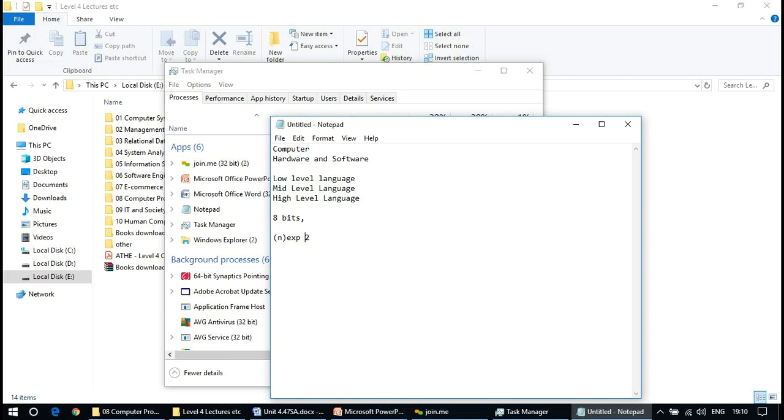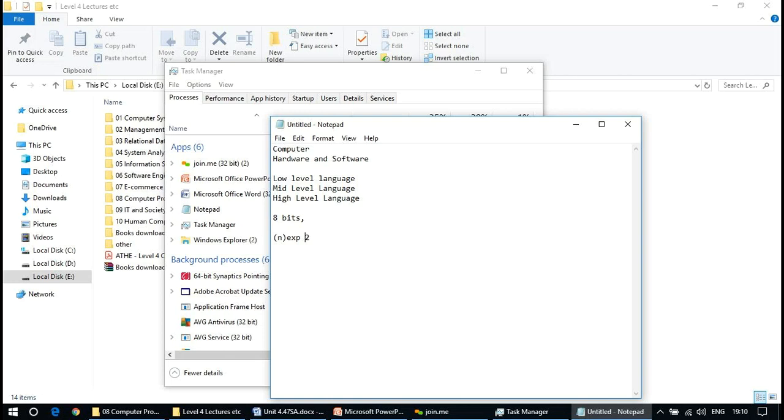Nowadays they say 64-bit operating systems. So the more bits used in a machine, the more instructions it is capable of carrying. That's the basic concept behind the hardware and its capability, and the code based on the length of the code.